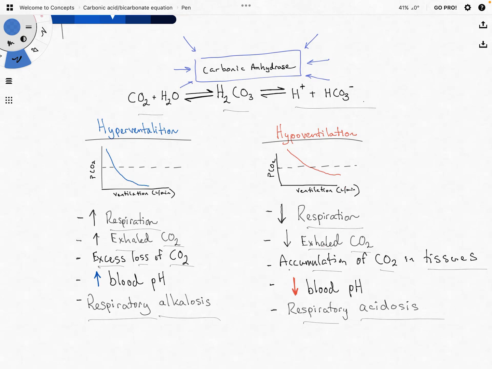We're increasing the amount of carbon dioxide that's lost, and therefore we're going to have that problem of seeing less carbon dioxide in our blood plasma, and therefore we're going to see this equation being driven more towards the left. Because we're going to have less carbonic acid, less bicarbonate ions and hydrogen ions, and more CO2, especially being breathed out via ventilation. I'm just going to say vent.